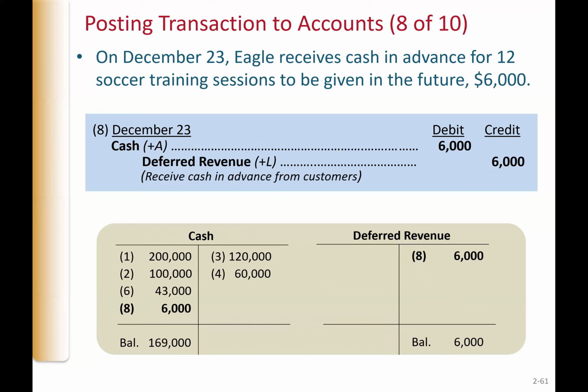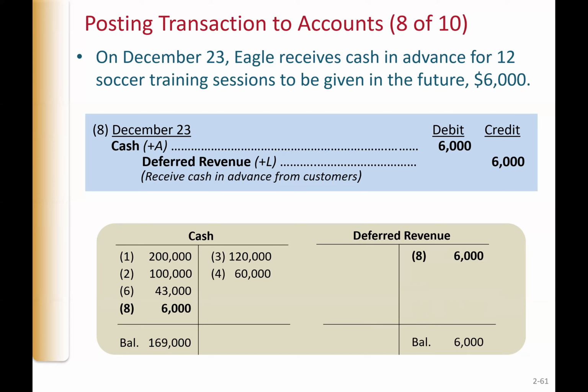On December 23rd, Eagle receives cash in advance for 12 soccer training sessions to be given in the future for $6,000. We talked about how this is paying for a full year of rent. So it's an asset, it's a resource. We use an account. Excuse me, I'm wrong, not prepaid rent. Eagle receives cash in advance for soccer training sessions.